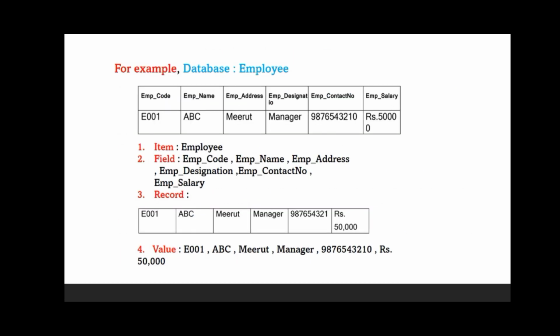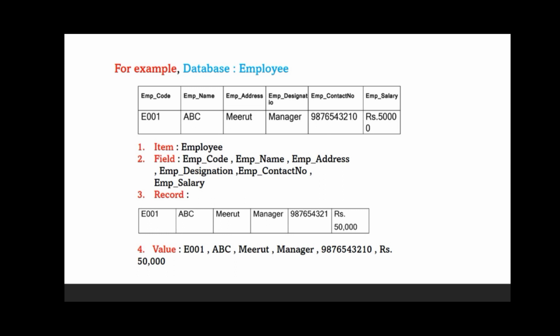Let's have an example. Listen. This is an example database of employees. The employee table contains employee code, employee name, employee address, employee designation, then employee contact number and employee salary. So here the item means the name of the table, or the information regarding what? Employee. So the item is employee.